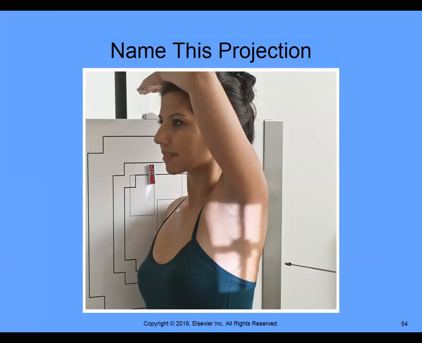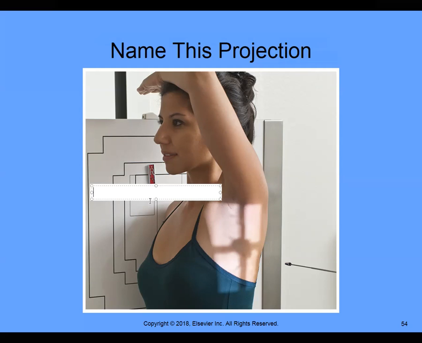Alrighty, this one here can be a little bit confusing because she's also standing in the lateral position. But what makes it different is that in a lateral position, your patient is 90 degrees.